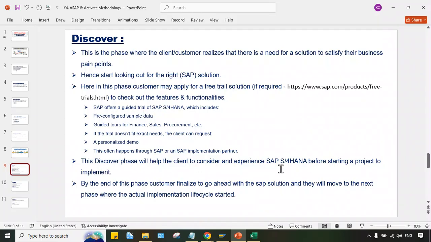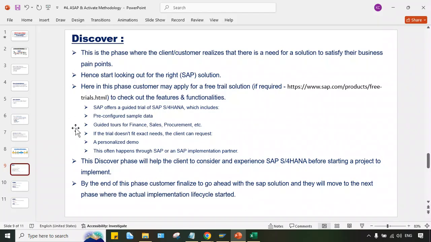So in the discover phase, the client will consider and experience S/4HANA before starting the project to implement. By the end of this phase, the customer finalizes to go ahead with the SAP solution, and they will move to the next phase where the actual implementation life cycle starts.